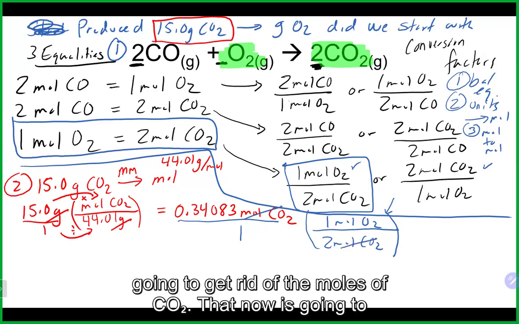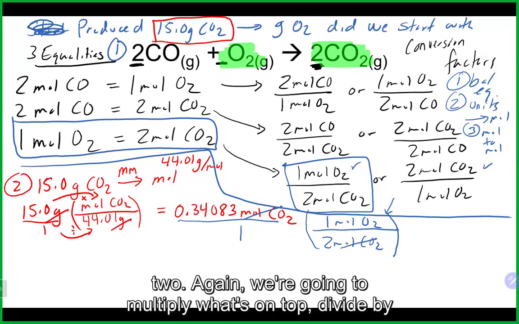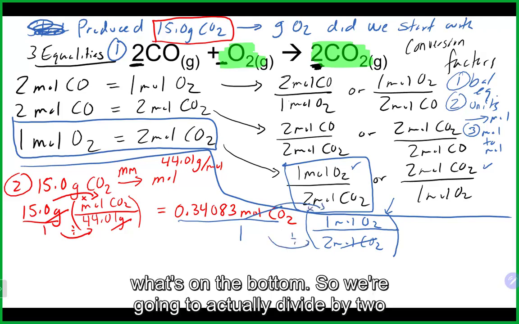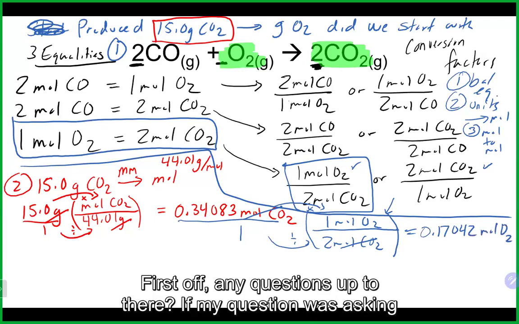That now is going to allow us to get to O2, and I'll divide that basically by 2. Again, we're going to multiply what's on top, divide by what's on the bottom. So we're going to actually divide by 2 in this case, and this will get me 0.17042 moles of O2. First off, any questions up to there?